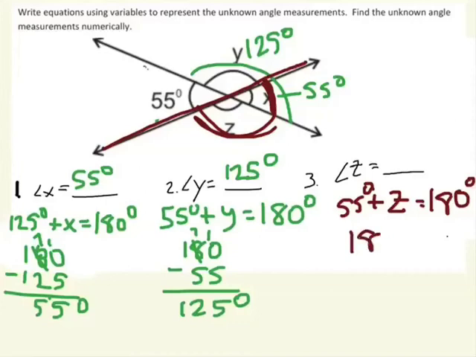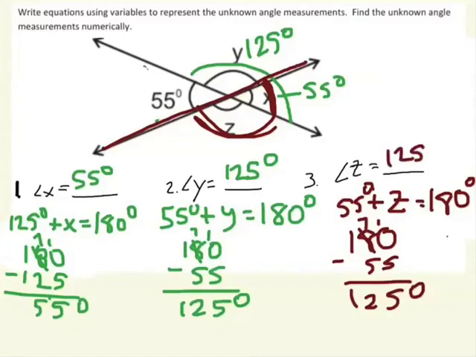So when I take 180 degrees and subtract the 55 degrees, I get, presto, 125 degrees, which if we look directly across, y and z are vertical angles. So that makes sense that angle z is 125 degrees, just like the vertical angle y, which equaled 125 degrees.